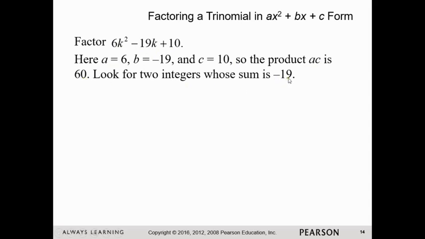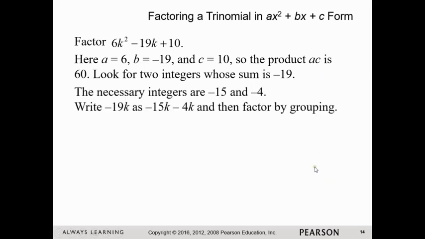So we're going to look for factors of 60 that give us a sum of negative 19. So normally we would list these out. And I'll show you what I mean by listing them out here in a moment. But let's assume that we've listed all these out and we found the couple that actually get us to 60, such as 15 and 4. 4 times 15 is 60. And if we make it negative 15 and negative 4, notice those add up to negative 19. So we found those factors.